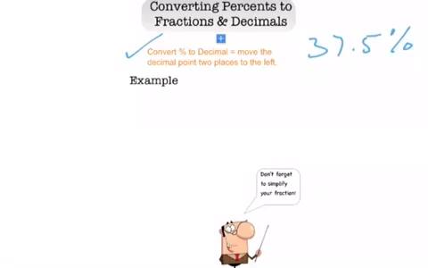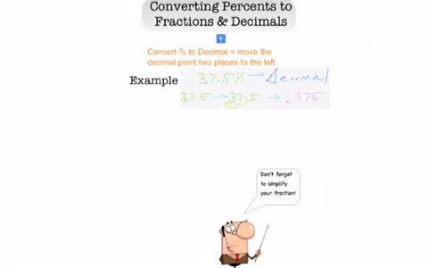So now, instead of turning a decimal to a percent, we're just turning a percent to the decimal. So we're just going to move the decimal 2 places to the left, and we would get 0.375. So this was 37.5%. We move it 2 places to the left, and our decimal answer is 375 thousandths.